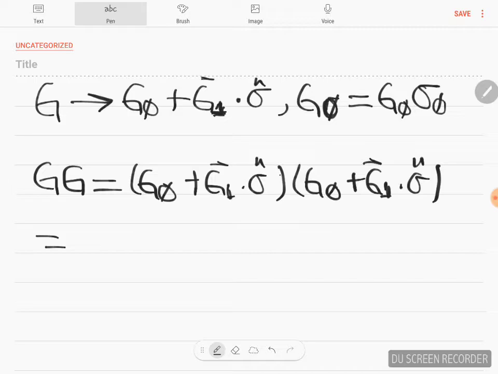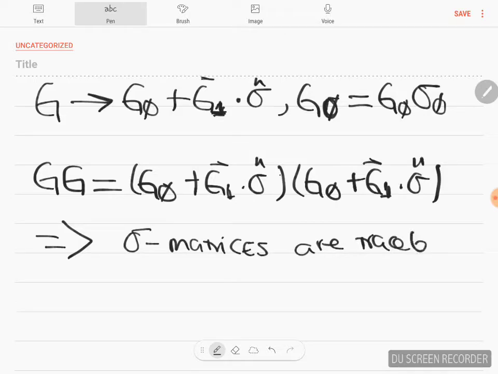Just keep that in mind, because after all we'll have to take the trace of this GG product, so this will come in handy. And remember, before we do this, that sigma matrices are traceless.